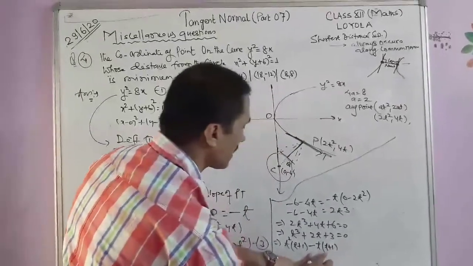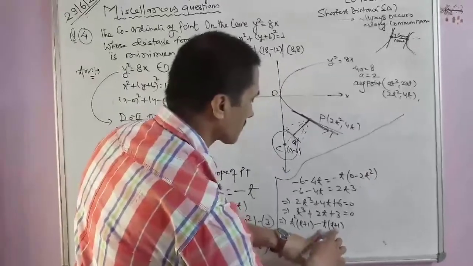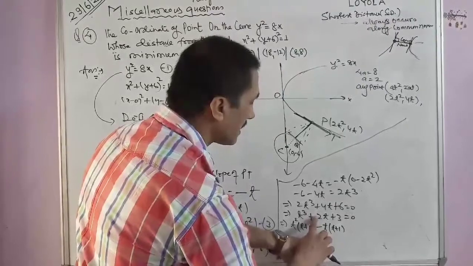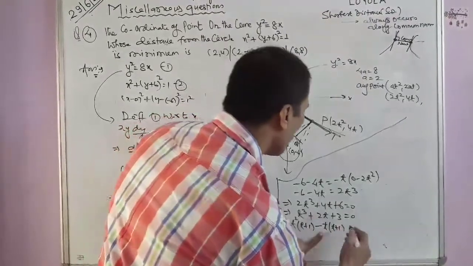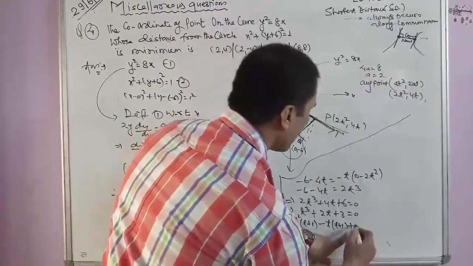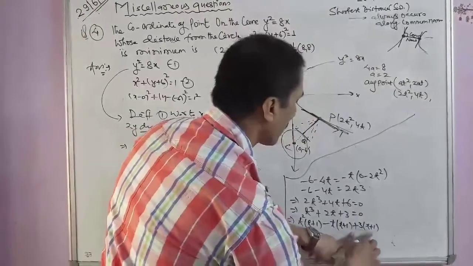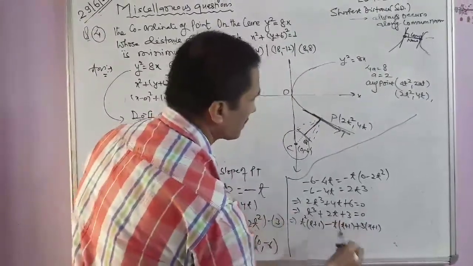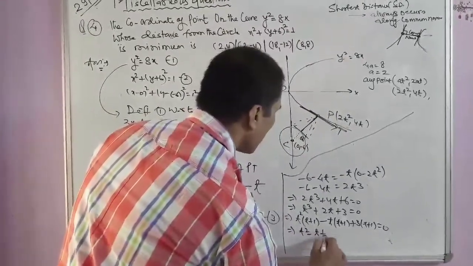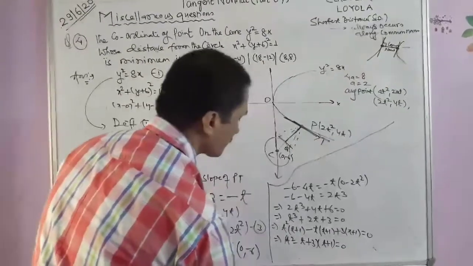Minus t we have to equate to 2t, so we write here 3t, taking 3 common, 3 into (t plus 1). This expression and this expression are equivalent. So (t square minus t plus 3) into (t plus 1) equal to 0.